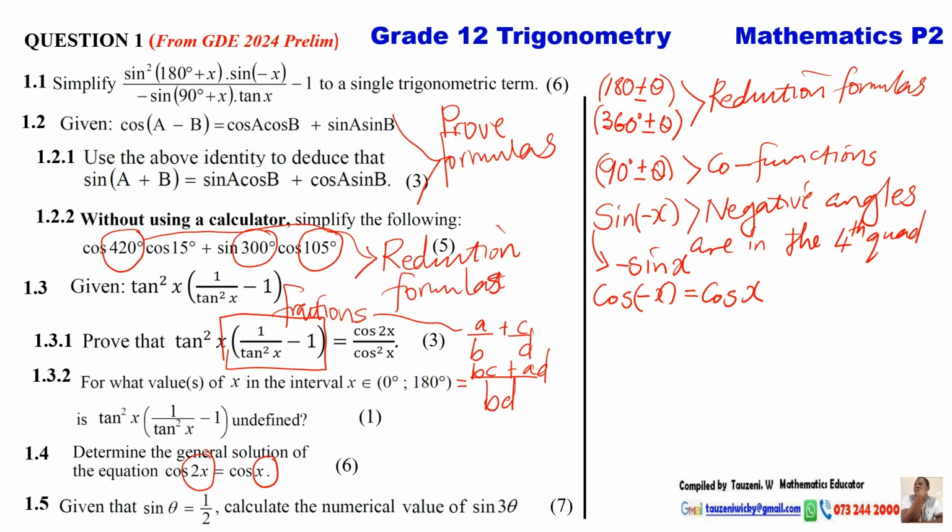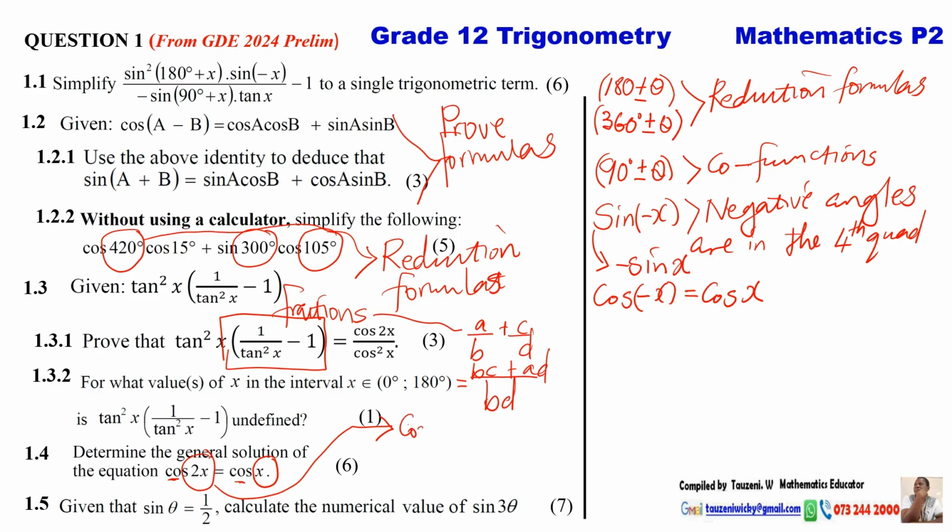So that informs me on what to do with the cos of 2x. I must apply double angles to change it. Then also, the trigonometric ratio you have in your equation must be the same. Make sure there is sine throughout, there is cos throughout, or there is tan throughout.